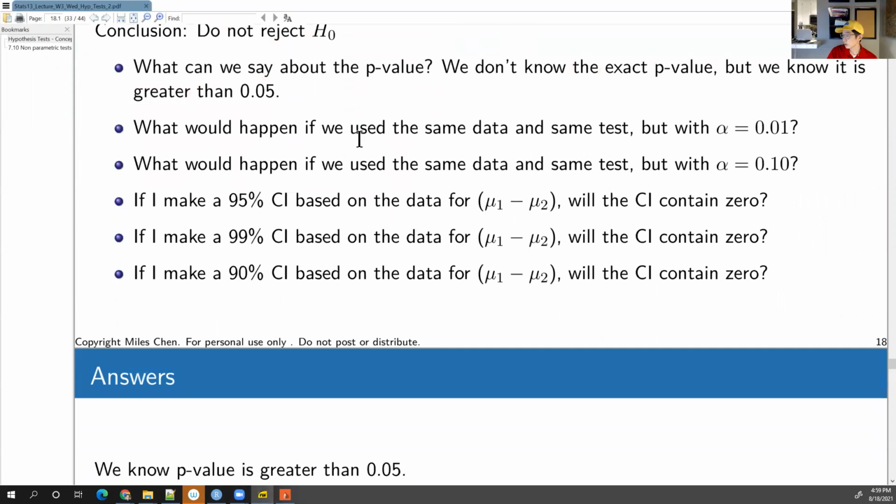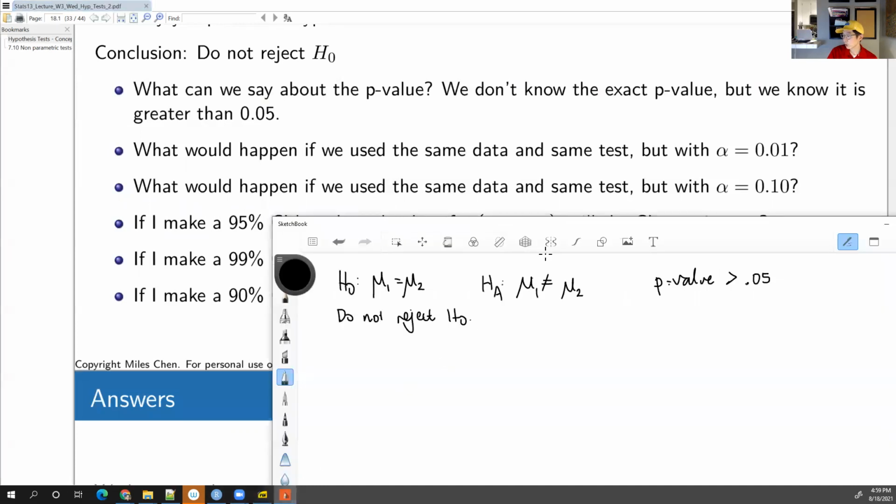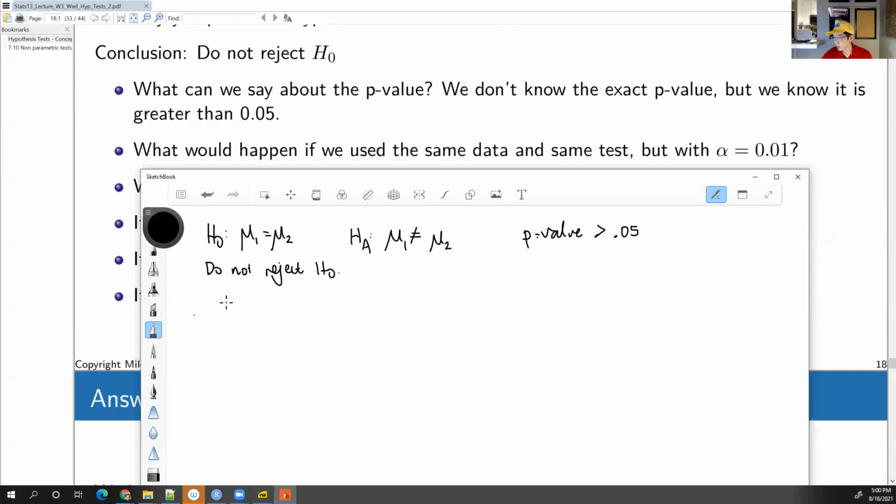What would happen if we use the same data set, same test, but this time alpha is 1%? So our p-value is greater than 5%. So what conclusion do we make if alpha is equal to 1%?